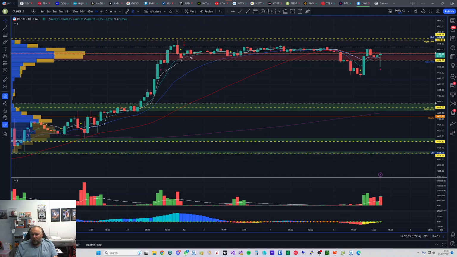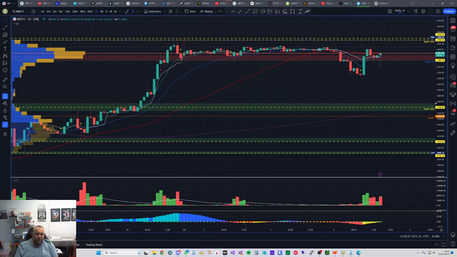So it's showing me where there is a natural area of resistance, right where we had lots of buying and selling, and I use that area as more of a resistance area to short off as well.